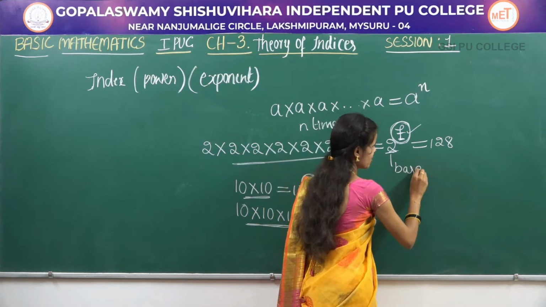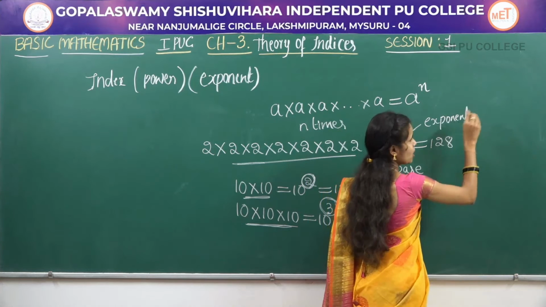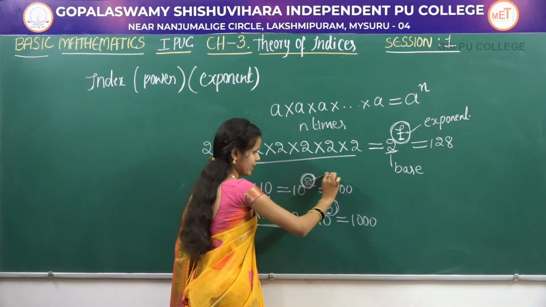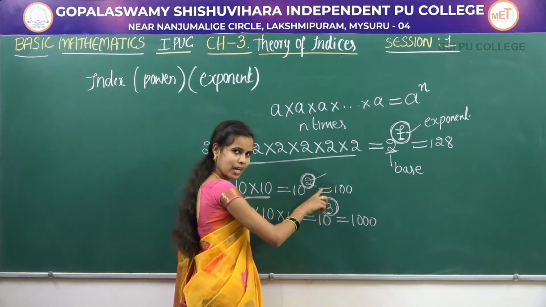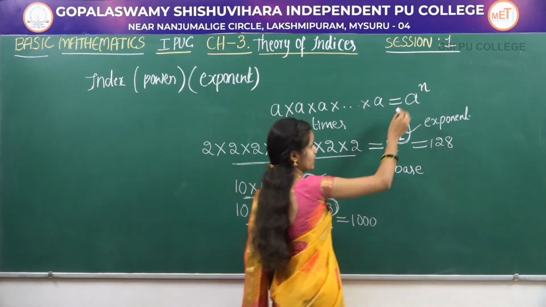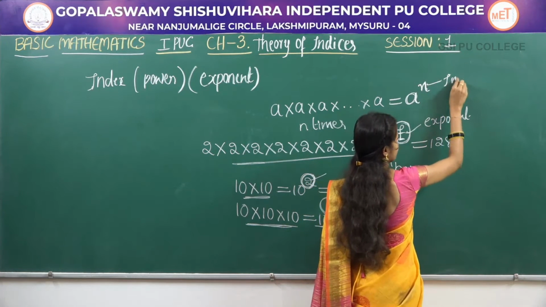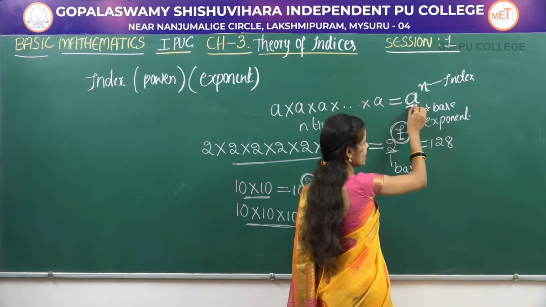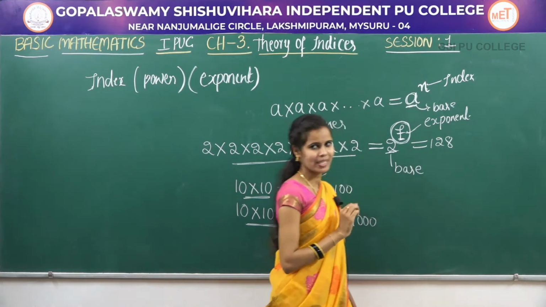Also, 3 is called the exponent, power or index, and 10 is called the base. So in general, n is called the index and a is called the base. Here a is a non-zero real number and n is any positive integer.